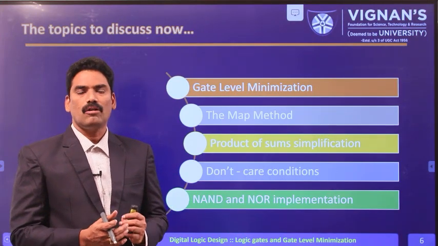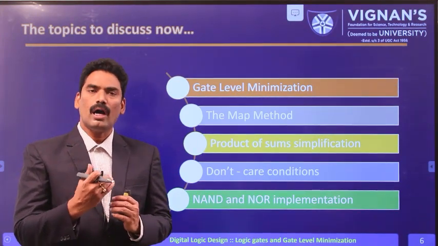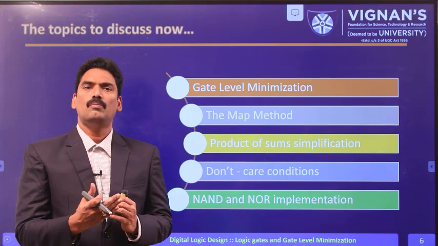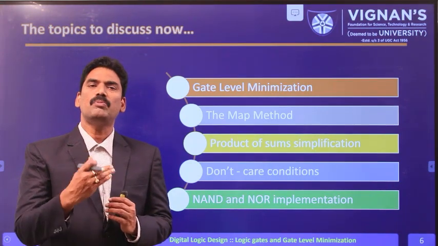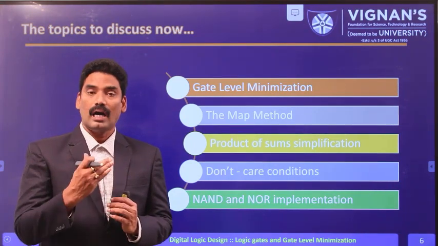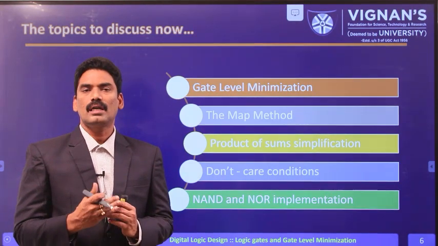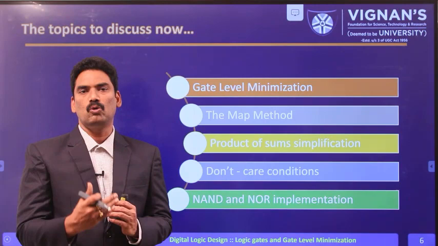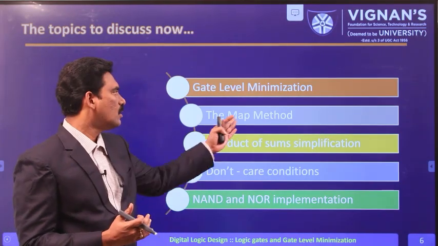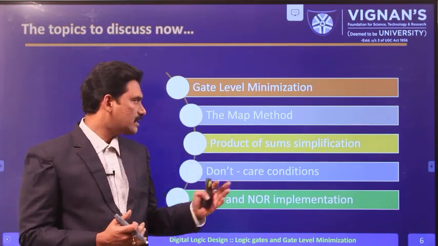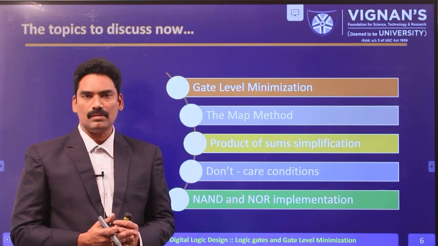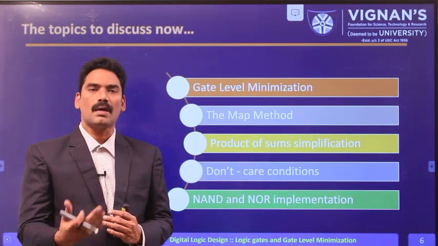For that purpose we have used Boolean algebraic laws to simplify Boolean expressions. And in this session we are going to discuss the K-map method to simplify Boolean expressions, that is, the map method. The next one is the product of sums simplification method, by using K-map only.